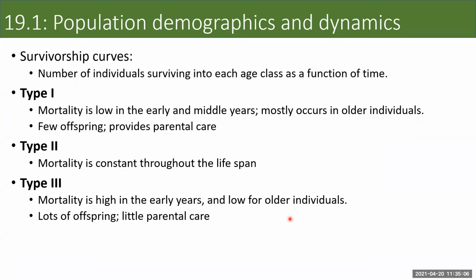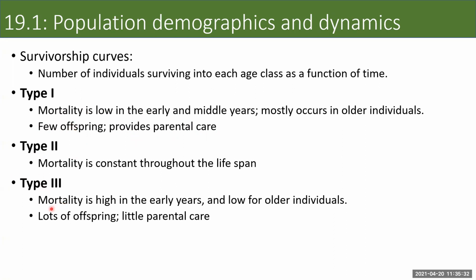So that would be a type 1 survivorship curve. Mortality is low in early years and middle years, and mostly occurs in older individuals. For example, humans have few offspring and provide parental care, because they have few offspring and can put the energy into providing that parental care.